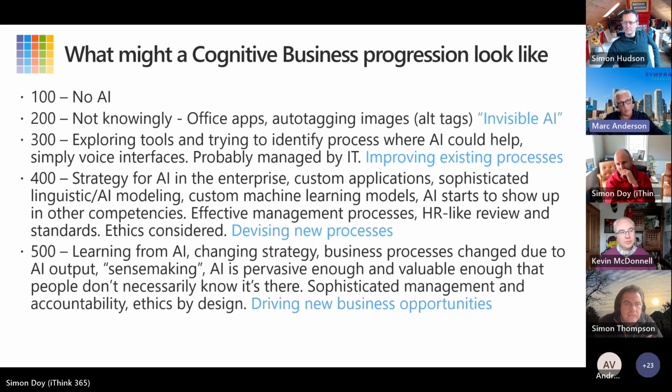So I think an organization, just like with different competencies, might be very mature with a certain kind of AI and not have touched something else. I think part of what you're bringing up is, where do you draw the line? What's AI and what's machine learning?